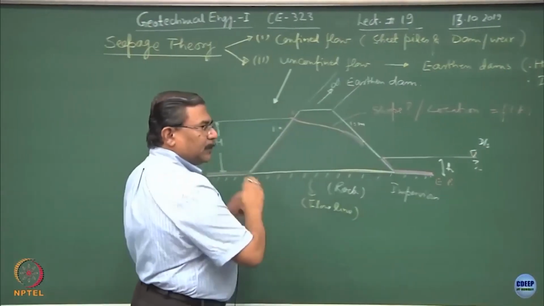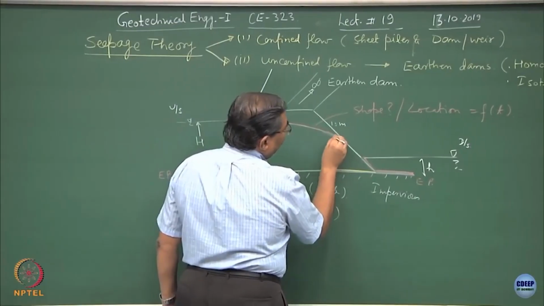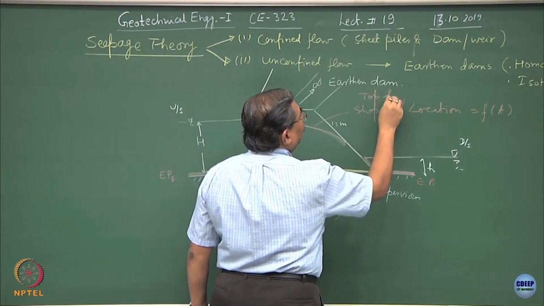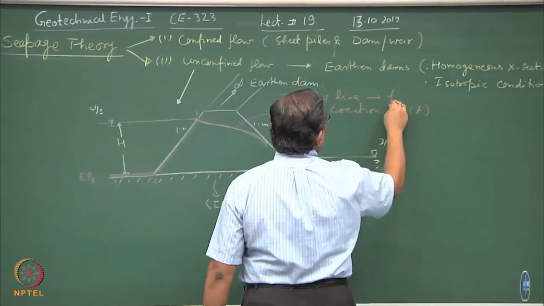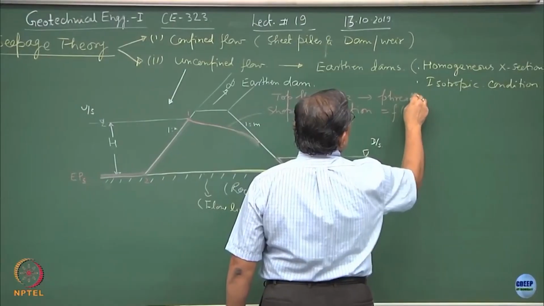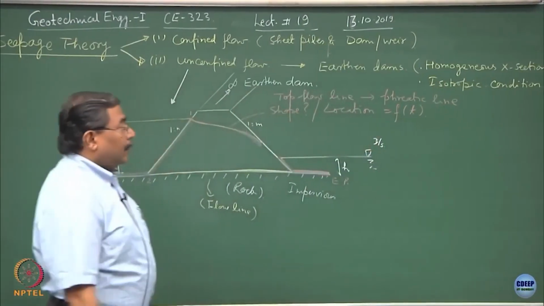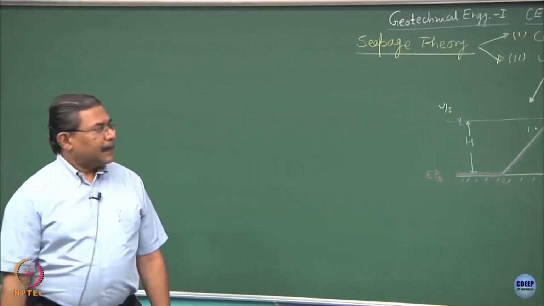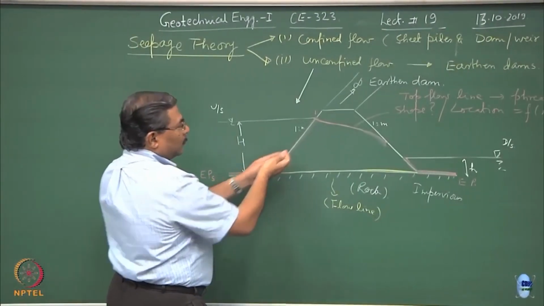So suppose the saturation takes place, the top flow line sets in. Now this is what the top flow line would be, okay. So this is the top flow line, we call this the phreatic line also, where the pressures are atmospheric. I hope you can realize the moment H changes, what is going to happen?